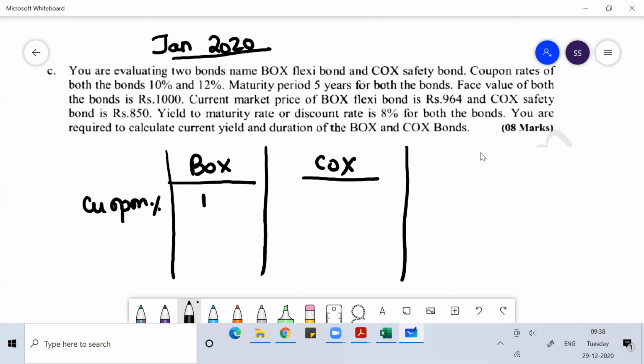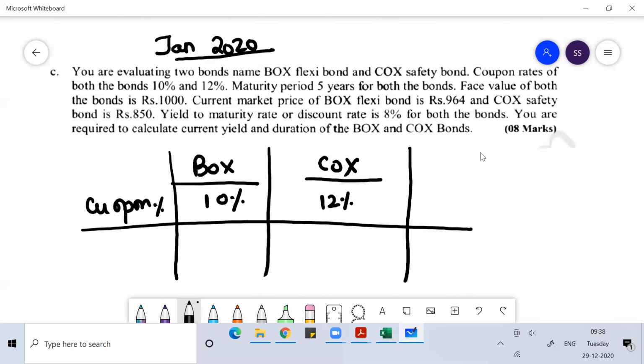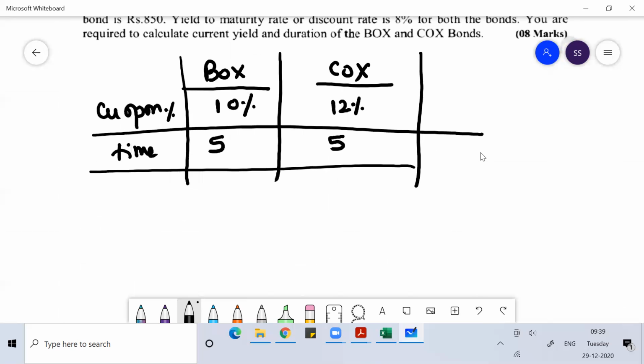The coupon rate is given to you: BOX coupon rate is 10% and COX coupon rate is 12%. The maturity period is 5 years for both bonds, so the time to maturity is 5 years. And it is given that the face value of both bonds is 1,000 rupees.